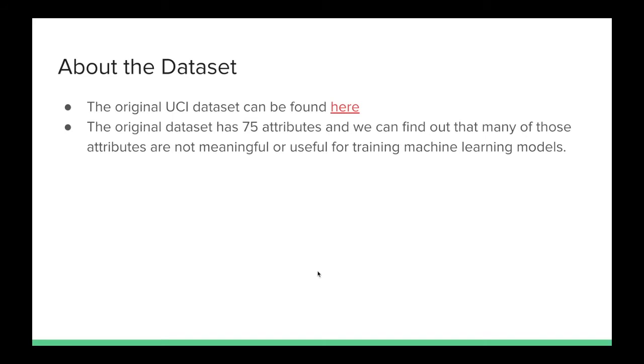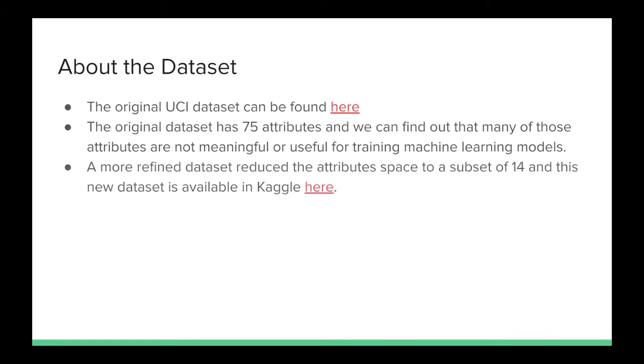As I mentioned, there are 75 attributes in the original dataset, and many of these attributes are not meaningful to us, nor useful for training machine learning models. A more refined dataset reduced the attribute space to a subset of 14, and this new dataset is available in Kaggle.